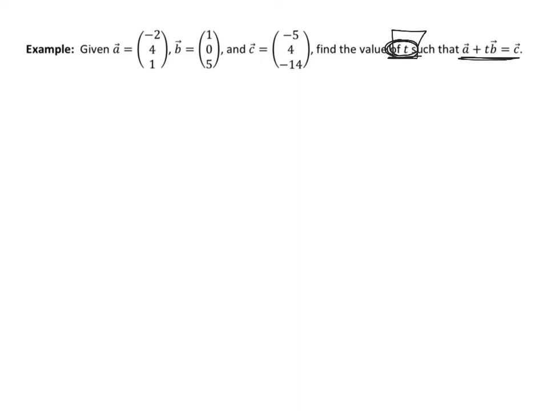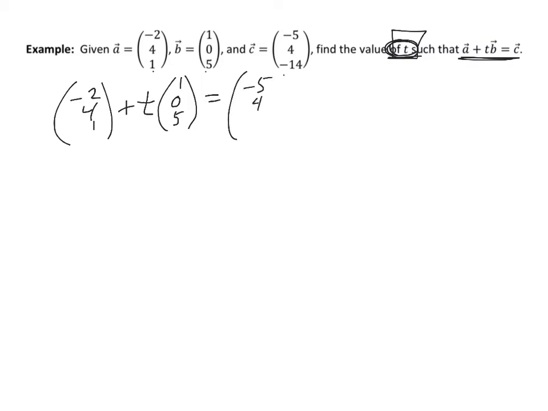So I'm going to take this and substitute in these things. So I have negative 2, 4, 1, that plus t times b, 1, 0, 5. That's going to have to equal c, which is negative 5, 4, negative 14. So I have this thing, and now they want me to find a value of t.